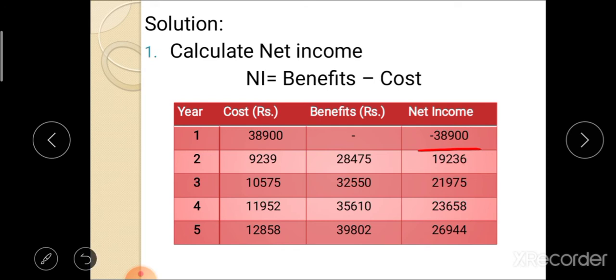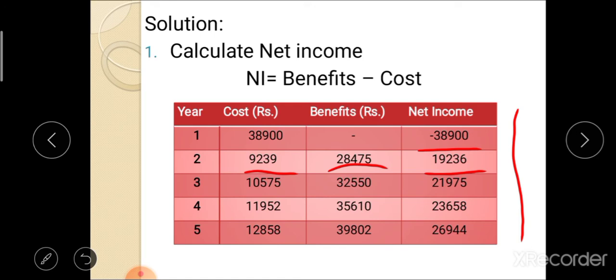Similarly for the second year, 28,475 minus 9,239, your net income will be 19,236. Similarly you have to calculate net income for the respective years. This is the first step, that is calculation of net income.